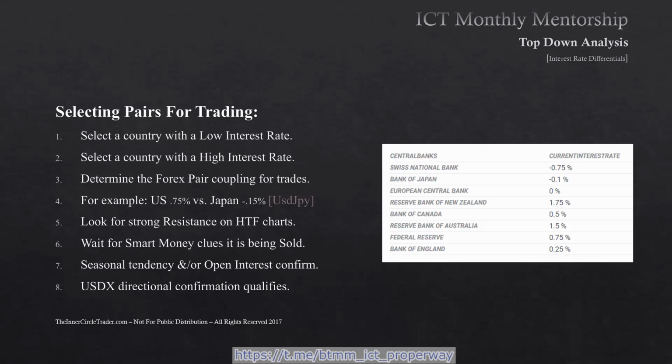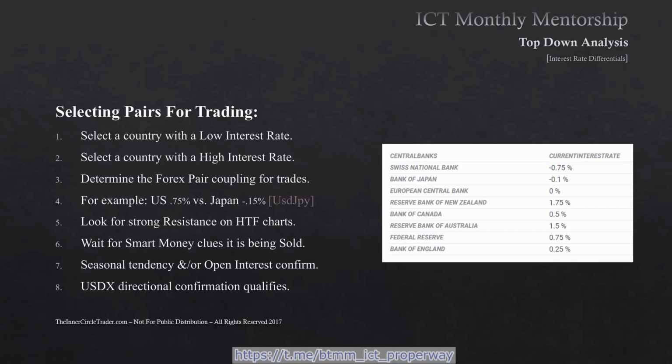So if we have the expectation that the weaker currency is the Japanese yen, on an interest rate basis, against the stronger of the two, the dollar, which has the higher yielding central bank rate, we're going to see that US dollar versus Japanese yen pair actually go higher because you're buying dollar and selling yen.